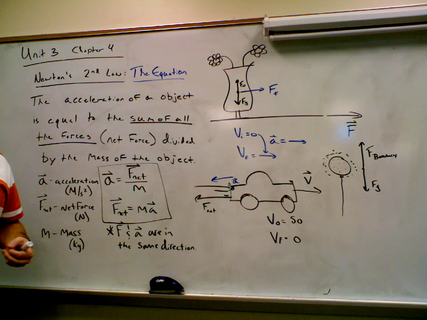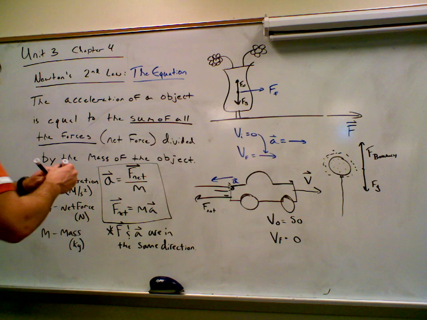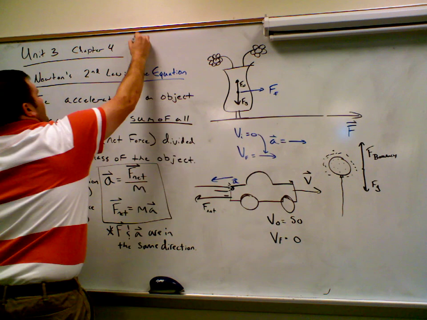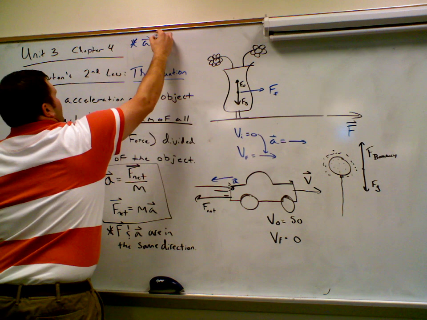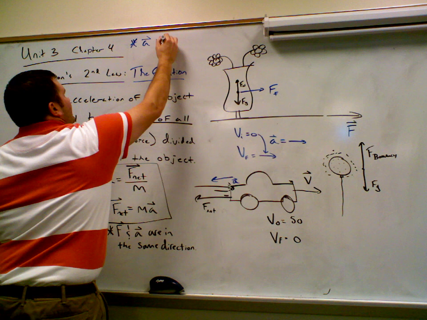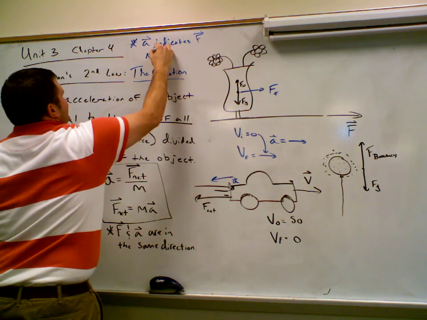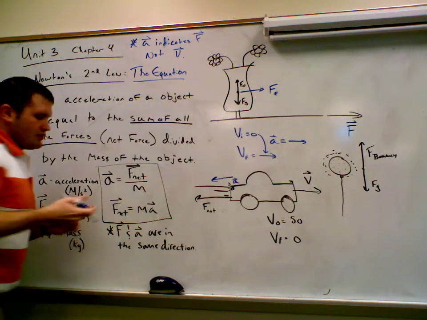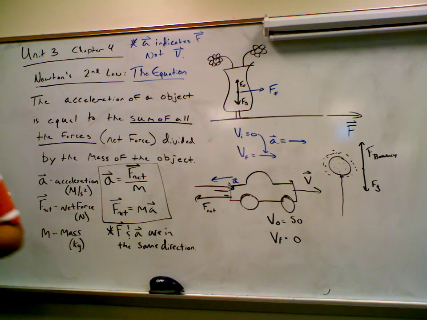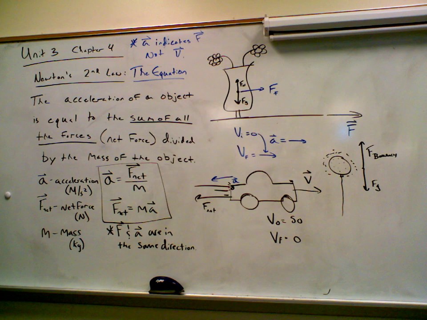What does? Acceleration. So maybe you want to make a little note. I'll put it up here. Acceleration indicates force, not velocity. So the acceleration is what tells us something is experiencing a force, not the velocity.